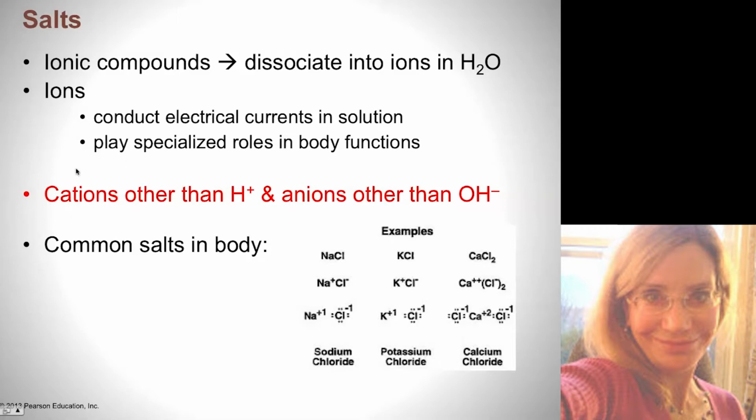So cations, other than the hydrogen ion, and anions, other than the hydroxyl ion, are considered salts. And you might notice a hydrogen here and a hydroxyl here. When this joins together, that's really what makes a water molecule.